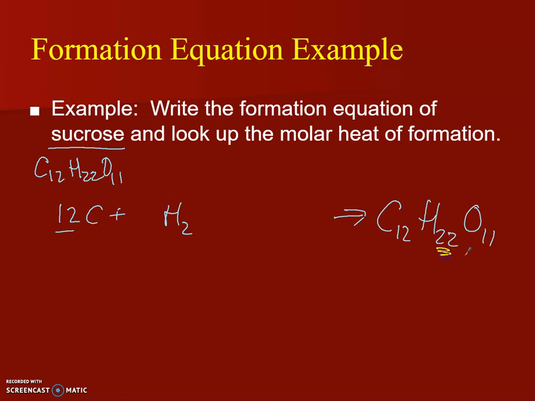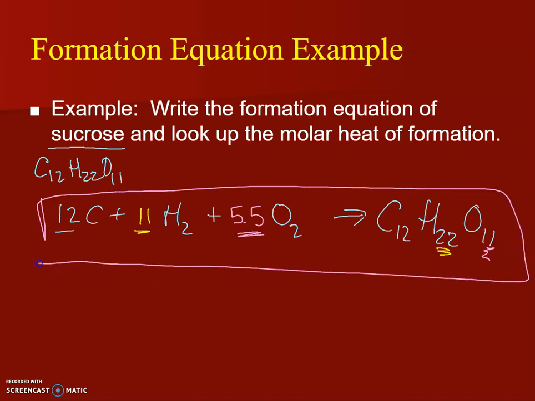If I have 22 hydrogens, I'm going to need 11 H2s, okay? And I am going to need 11 oxygens. Oxygen is diatomic. So what am I going to have to put in front of my oxygen? In order to get my 11, I'm going to need a 5.5. All right, so the formation equation for this is going to be 12 carbons plus 11 H2s and 5.5 O2s.